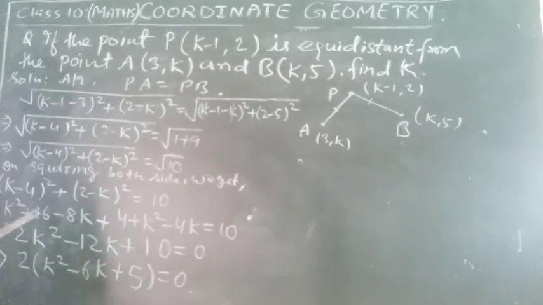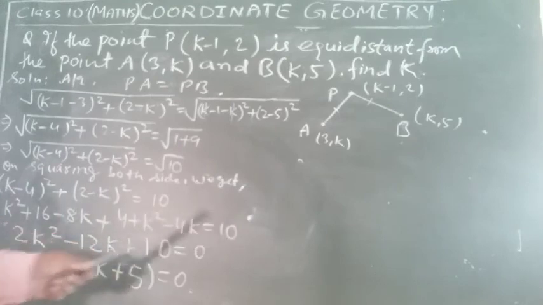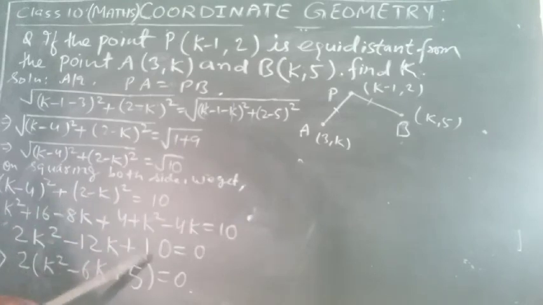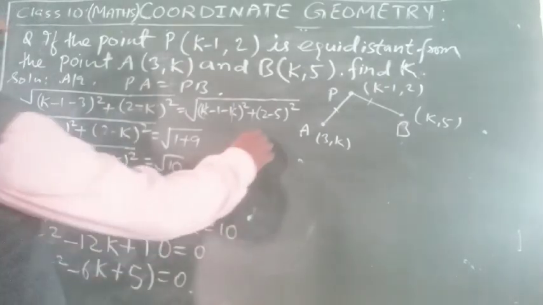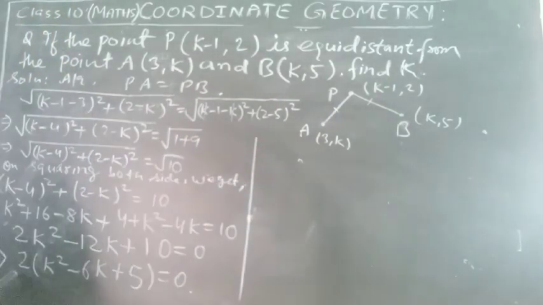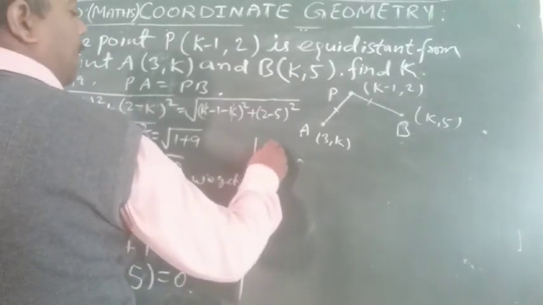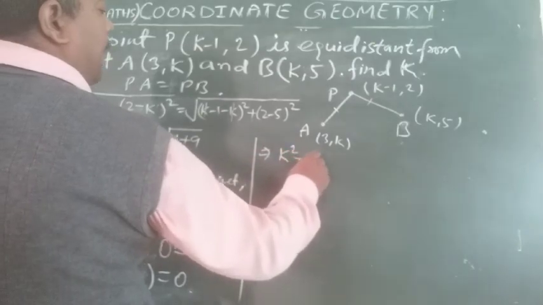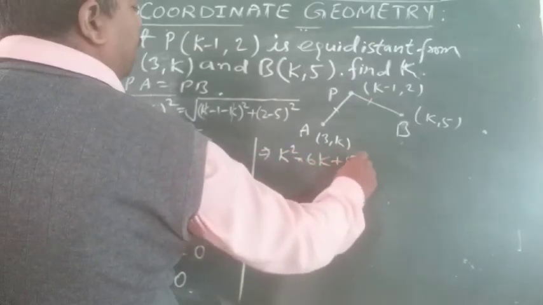Look at this. 16 and 4 is 20, and 10 will come to this side. 20 minus 10 becomes 10. And now if you take common 2, here k square minus 6k plus 5 equal to 0. So I just take k square minus 6k plus 5 equal to 0.